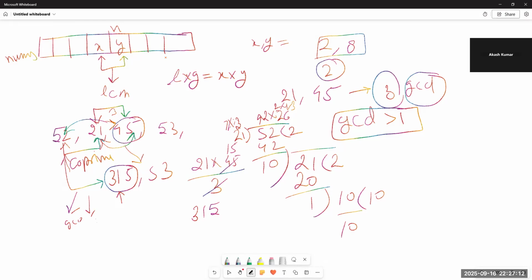Similarly, we then move to the next number. We keep processing the numbers in the array, and when we exhaust the numbers, the remaining numbers will be the answer for that array. So let us see the solution here.